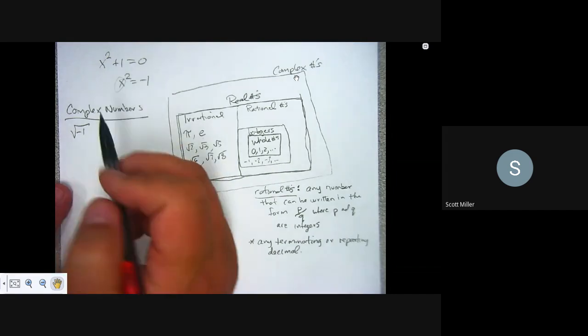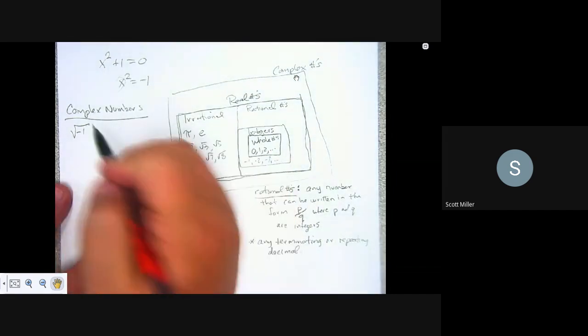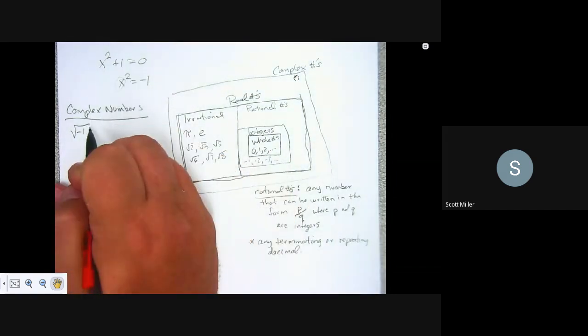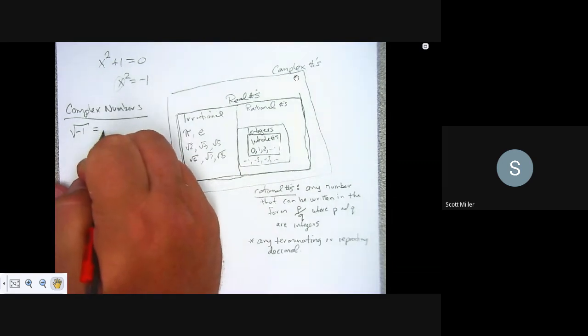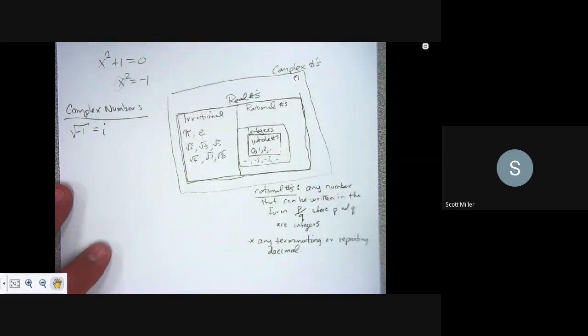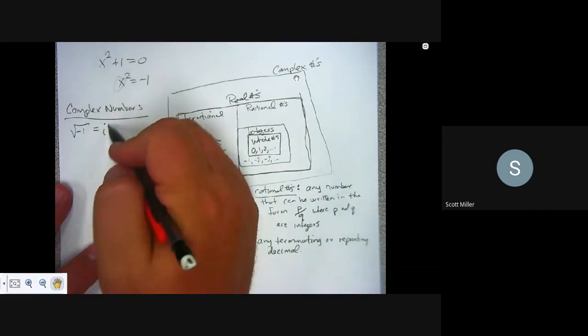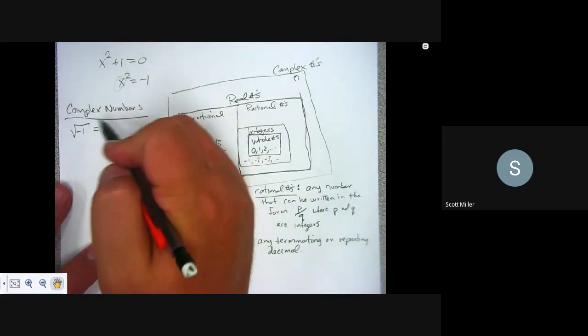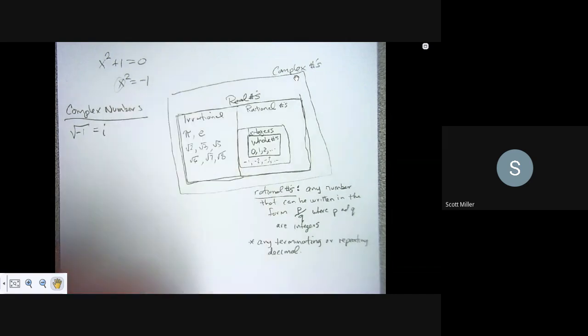And because I'm a mathematician, I don't want to write a bunch of stuff down every time. So since I say imagine that that does exist, let's just call it i, a lowercase i. So this i symbol is going to represent the square root of negative 1, whatever that is. Okay? And that's the foundation of complex numbers.